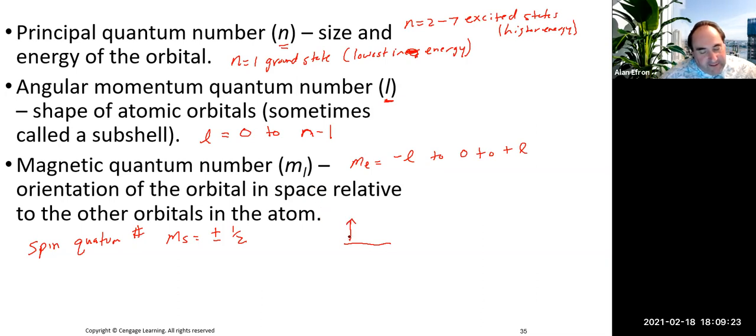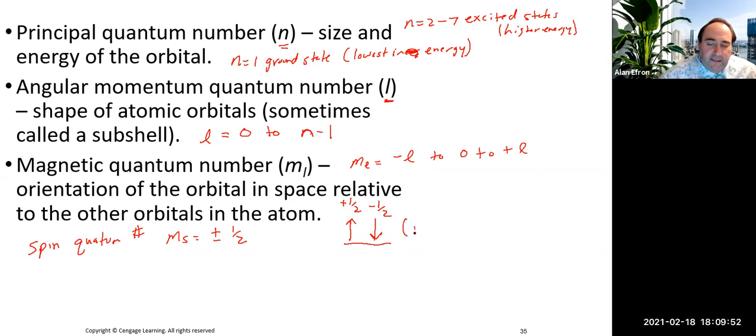If this arrow represents an electron, pointing upwards is what is referred to as having plus 1/2 spin. And the second electron will go in the opposite direction, pointing downward, which refers to having minus 1/2 spin. The electrons have their own magnetic field as well, and as they spin, they always go into the orbital opposite of each other.